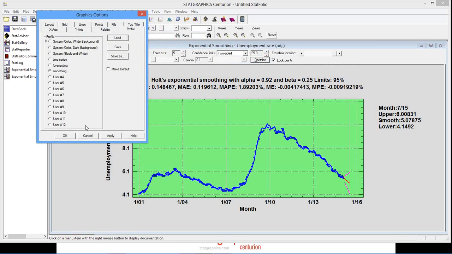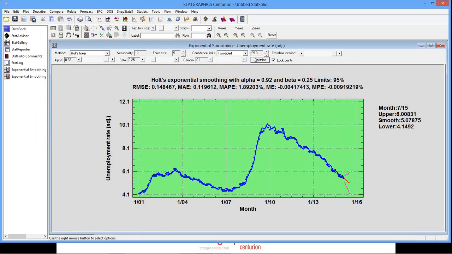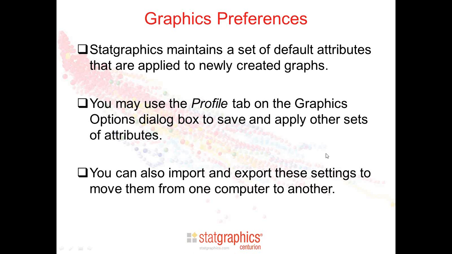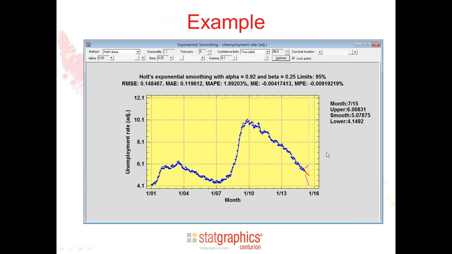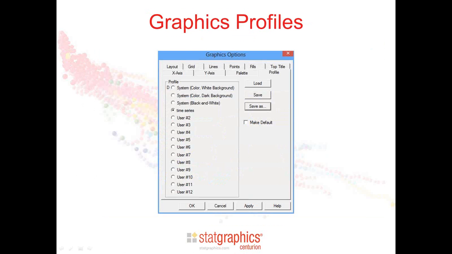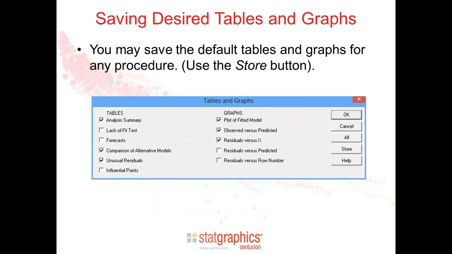Now, another handy option is the ability to save the desired tables and graphs that are created whenever I run a statistical procedure. Okay. In StatGraphics, whenever I select a statistical procedure, I'm offered a set of default tables and graphs to create.